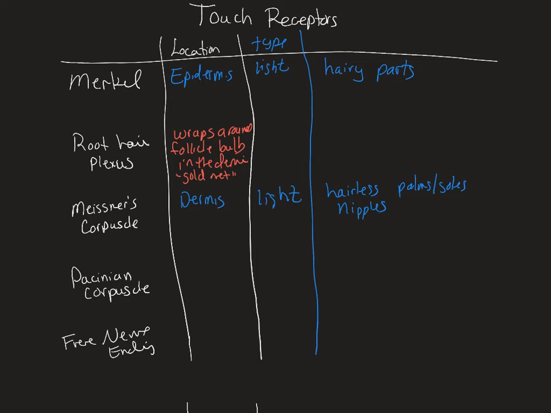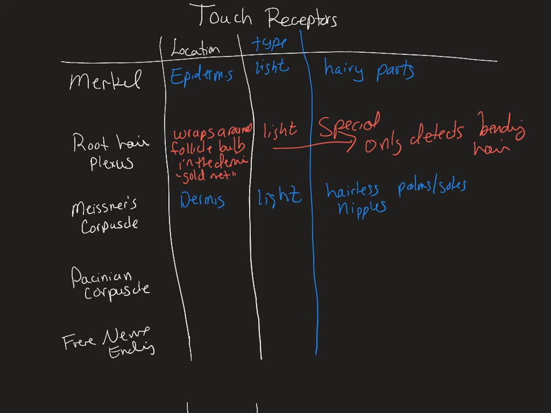It is a light touch, but it is special because it only detects bending hairs. So when your hair bends, it moves the follicle bulb, and that triggers depolarization with the root hair plexus.